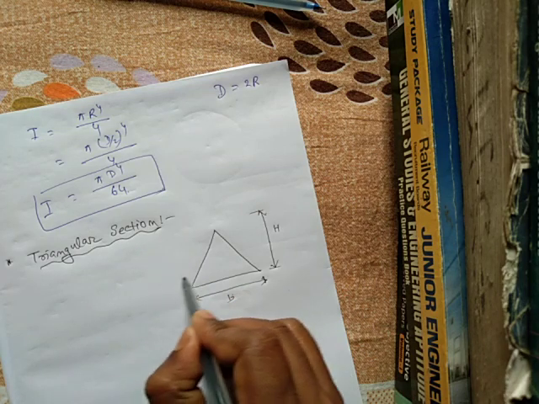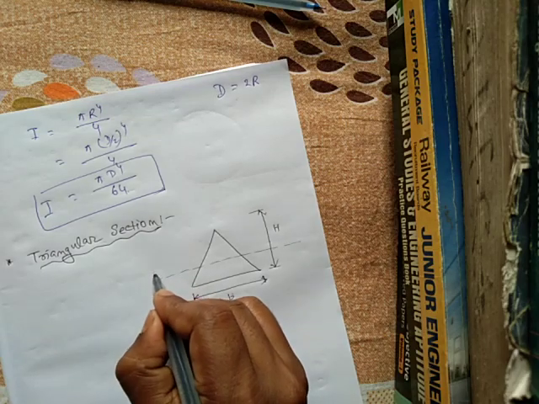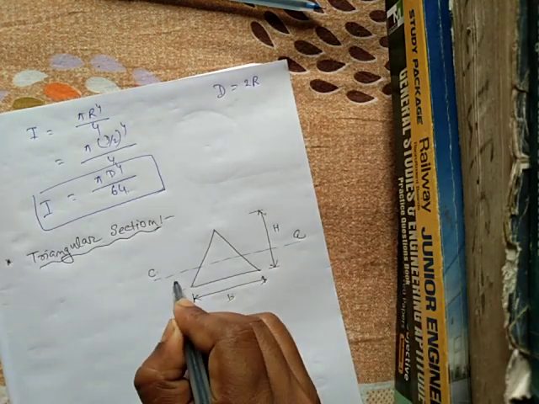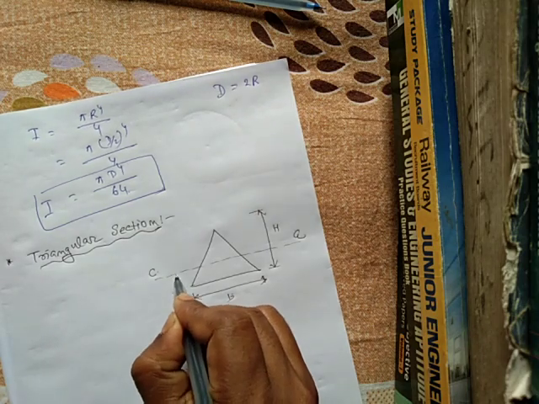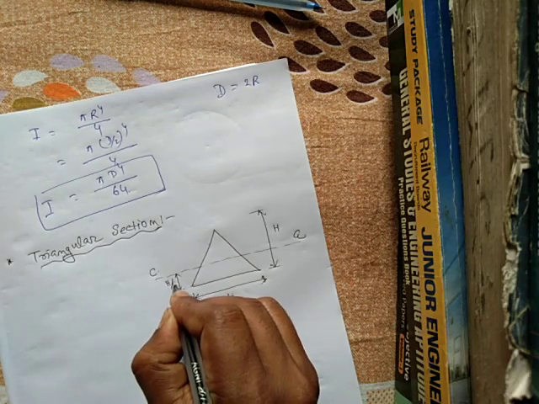The height of the CG from the base is H by 3. This is the CG.